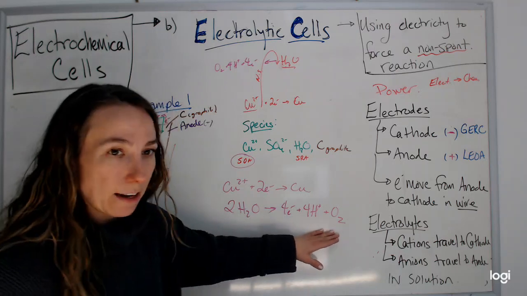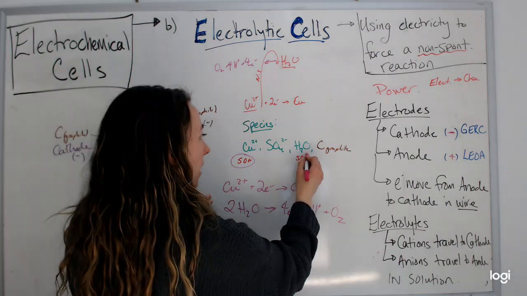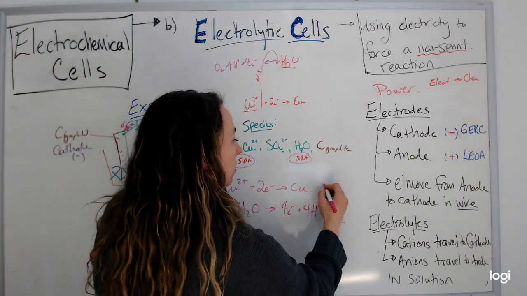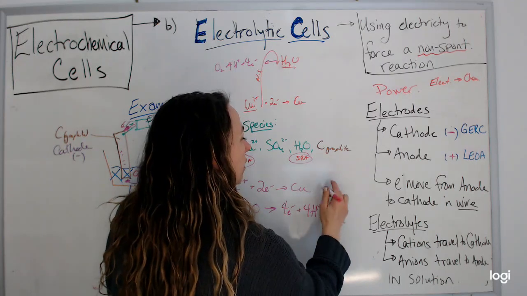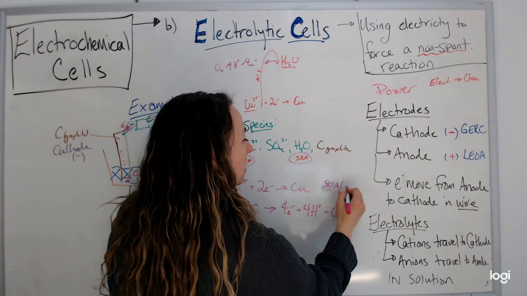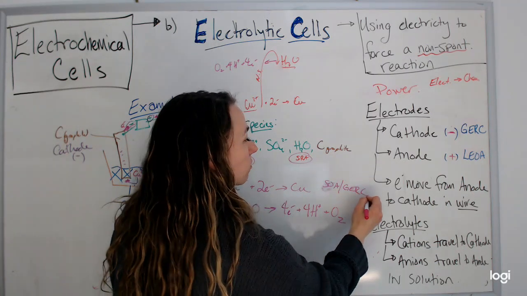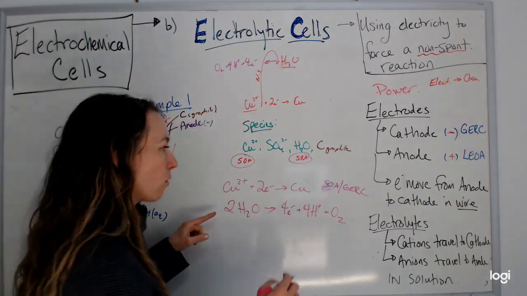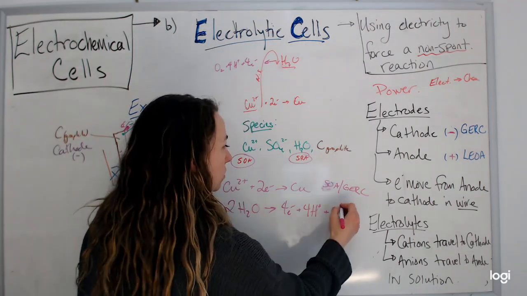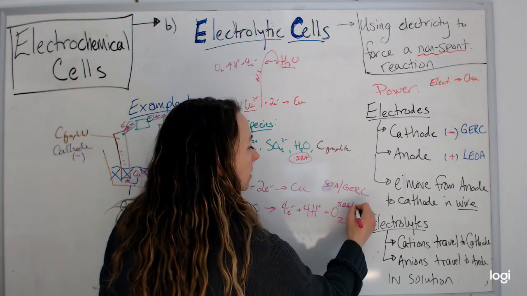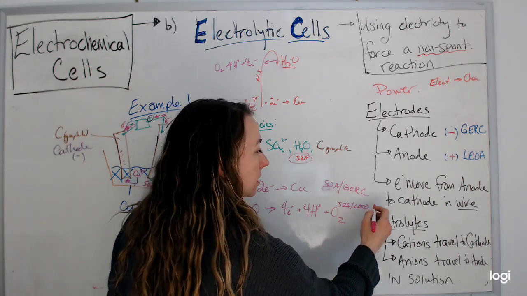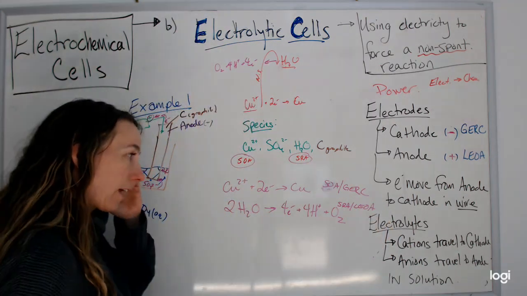So I'm writing that down. So this is my strongest oxidizing agent. It is my gain of electrons reduction reaction, which is happening at the cathode. This is my strongest reducing agent. It is my loss of electrons, my oxidation reaction that's happening at the anode.